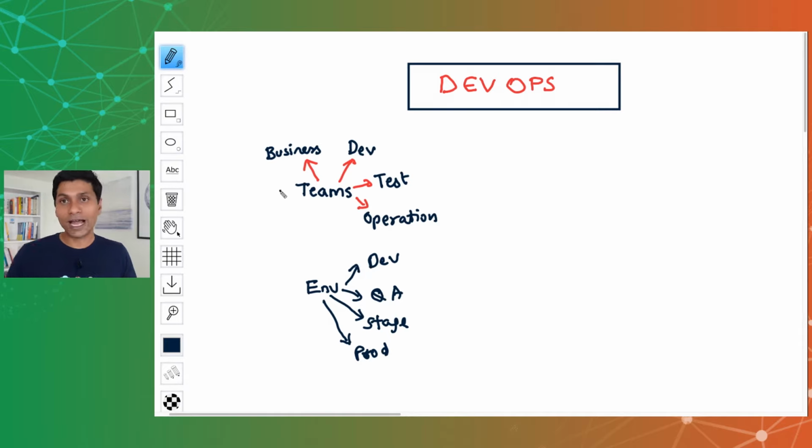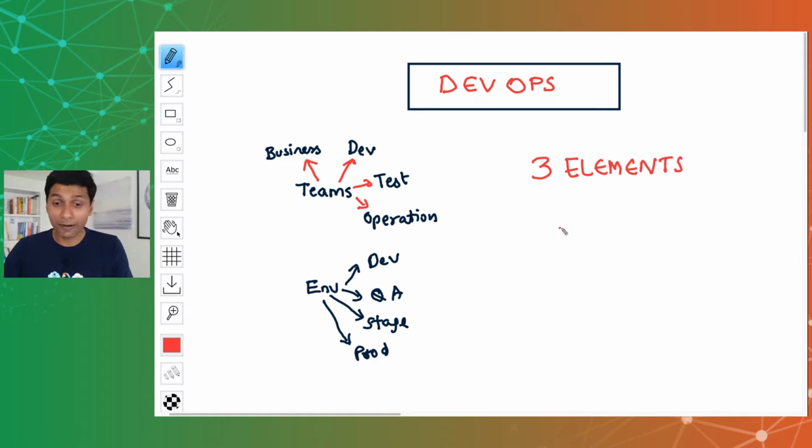Over the period of last few decades developing a lot of software, we realized that a few things are really important when it comes to DevOps. And I call them the three key elements of software development. Whenever we develop software, the most important part is communication.